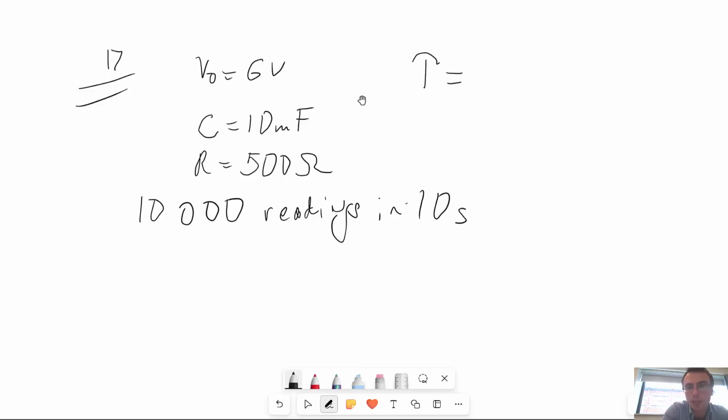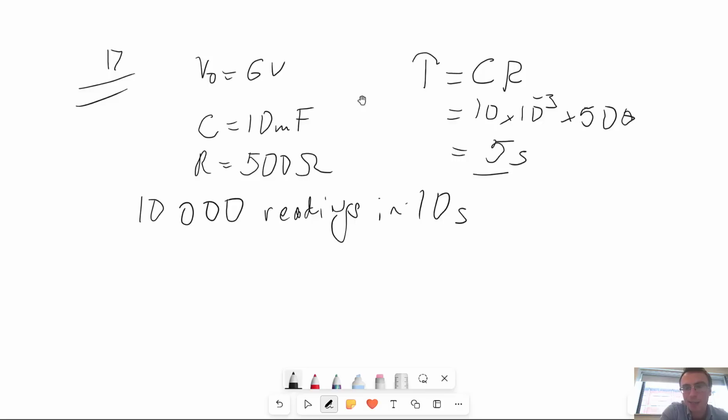The time constant is given by CR, and this is the time at which the voltage will drop to around 37% of its initial value. So the time constant will be 10 millifarads, 10 times 10 to the power minus 3, multiplied by 500. And this is just going to give me 5 seconds.